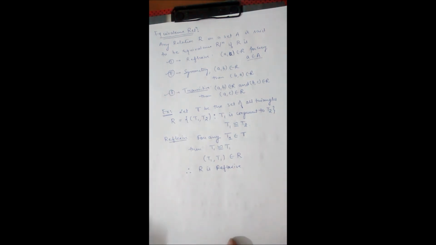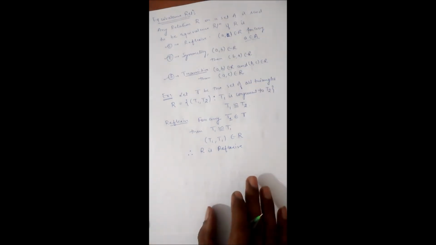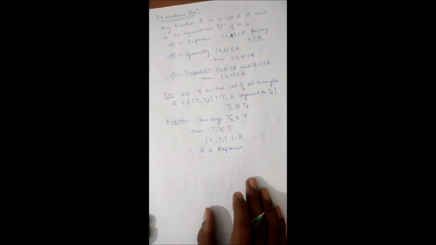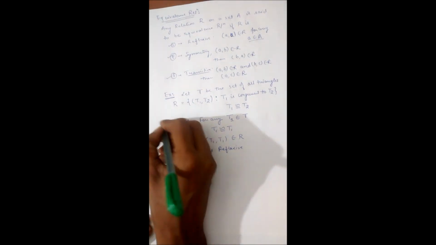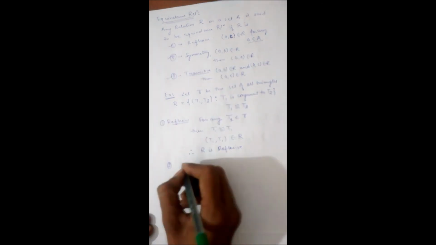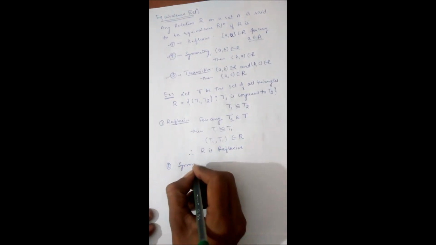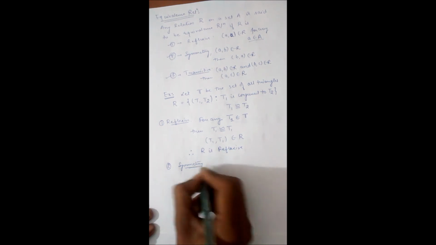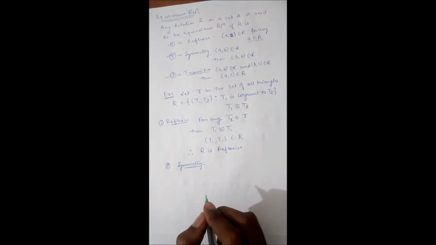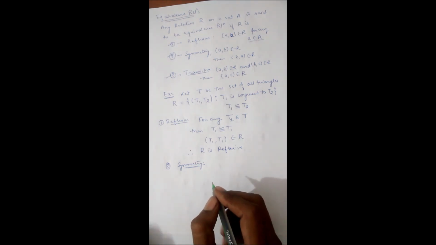Okay, ahead of this, what do we have? We need to check the second condition, which is nothing but symmetry. This was my first condition, reflexive. Second condition, symmetry. Now when do we say a relation is symmetric? If we have ordered pair A comma B belonging to the relation R, then B comma A also belongs to that relation R. In case of triangles, what do we say?